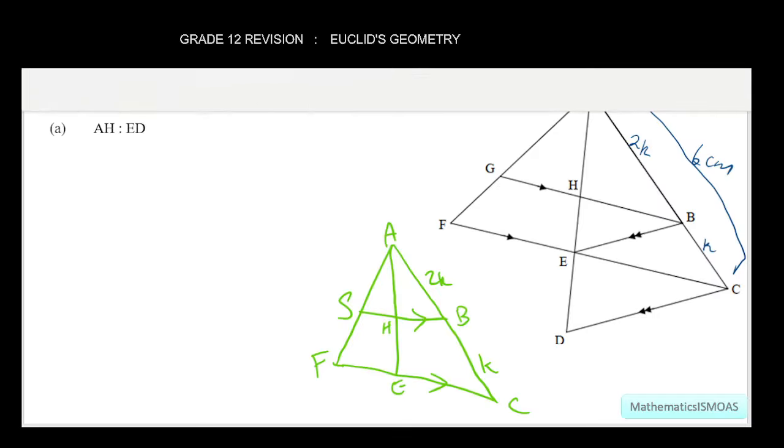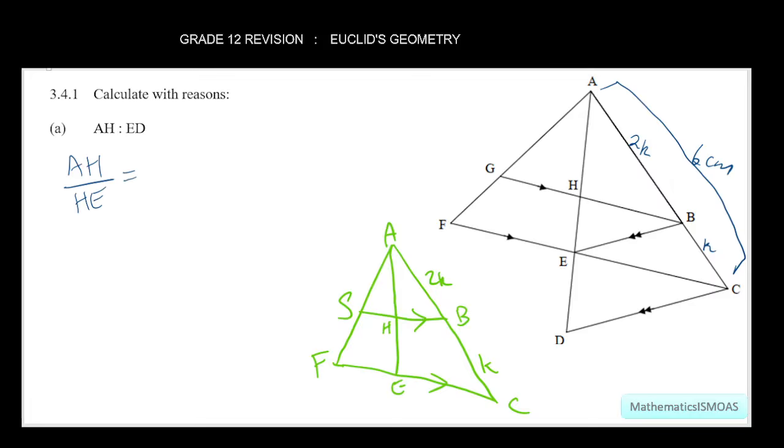Then we say we are focusing on triangle AFC. We are now applying the proportionality theorem. AH to HE will be equal to AB to BC. And the reason for this is the proportionality theorem.